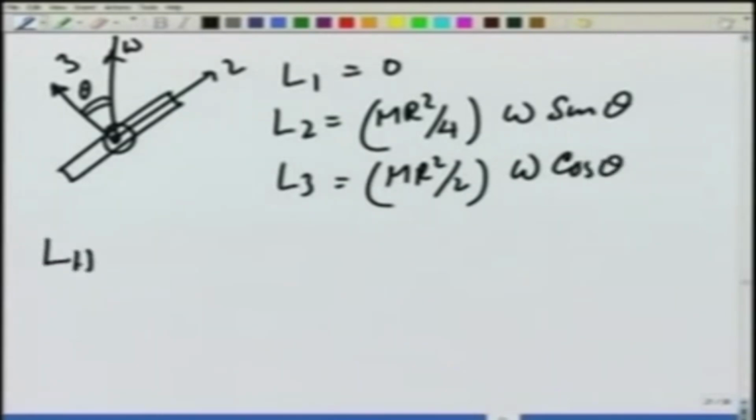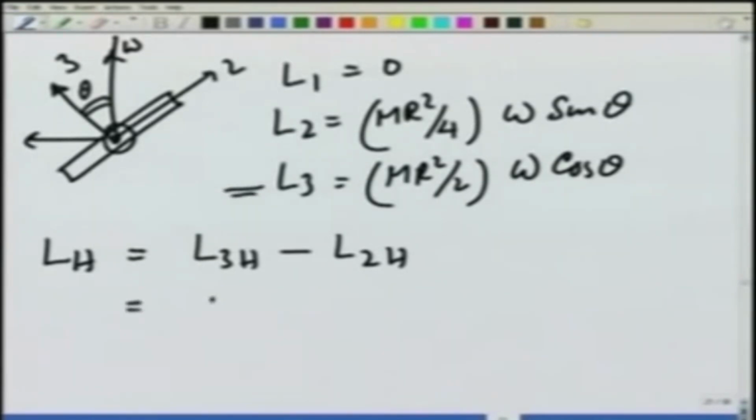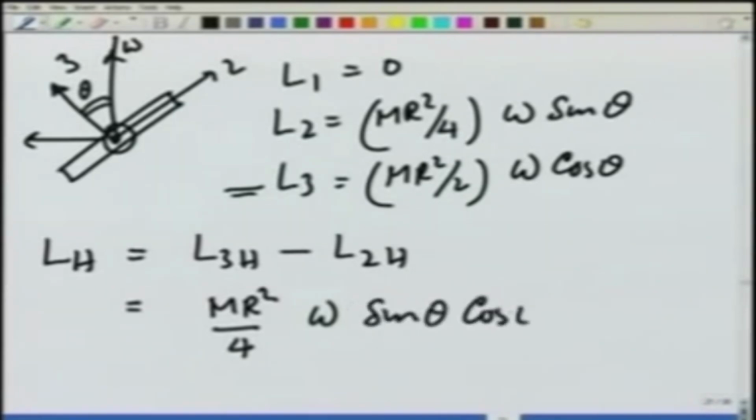So, L horizontal is going to be L3 horizontal minus L2 horizontal in this direction. You can see L3 is greater than L2, and this comes out to be m r square over 4 omega sin theta cosine of theta.